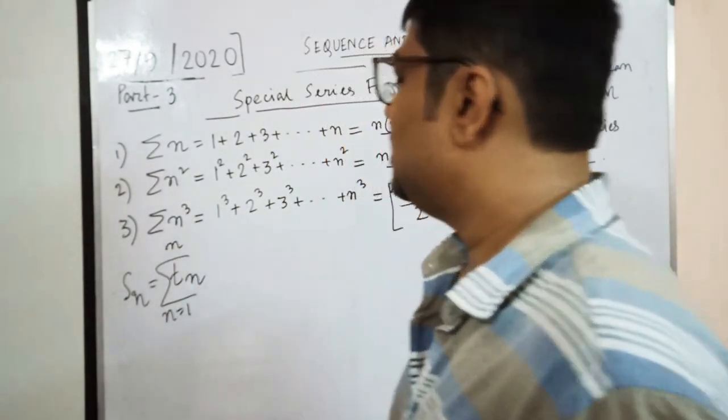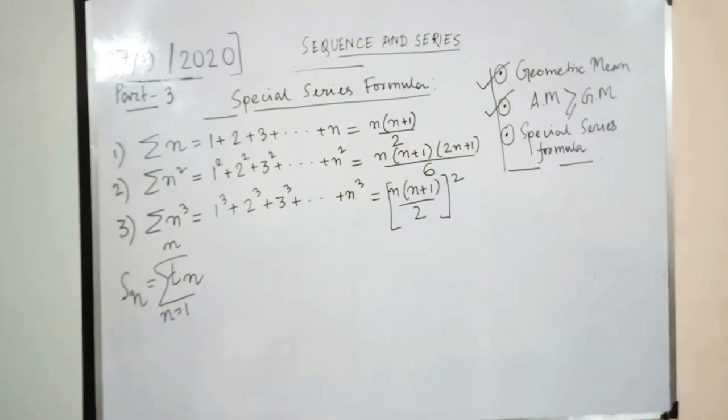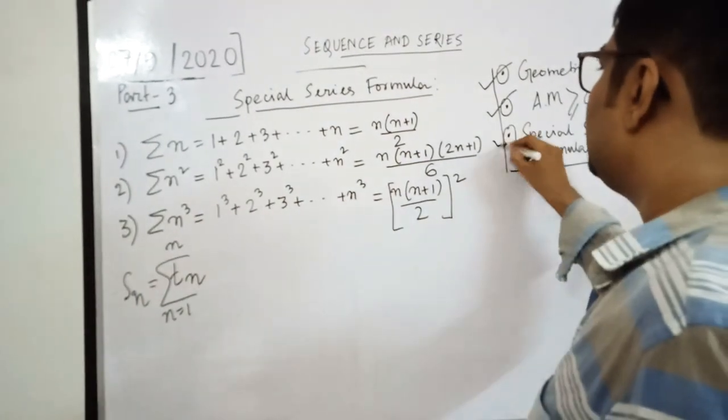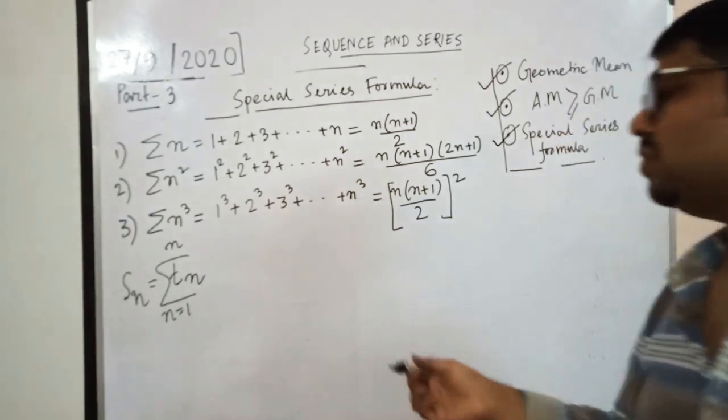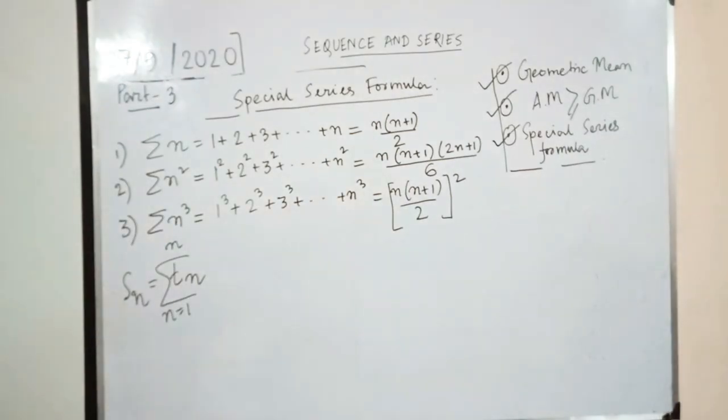This is the way we do the special series over here. In this way we start with the special series. There are a few types of sums which we will be doing, so in the next part. Thank you.